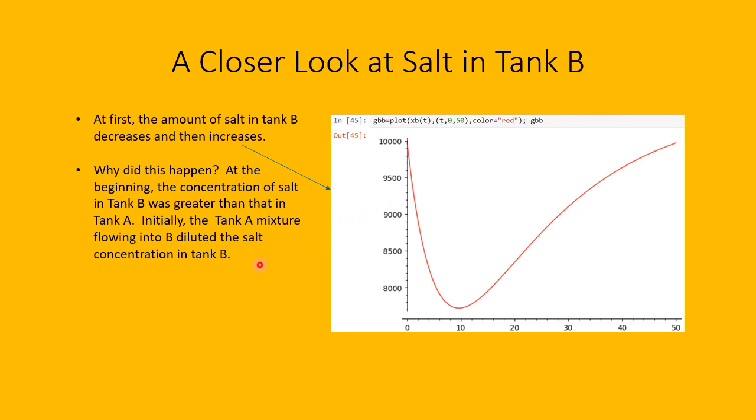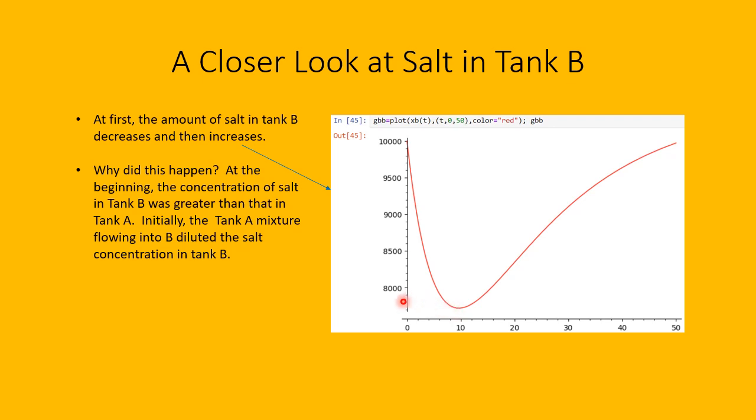So we saw that at first the amount of salt in tank B decreases and then increases, and we can explain why this happened, because at the beginning the concentration of salt in tank B was greater than that in tank A, and initially the tank A mixture flowing into B diluted the salt concentration in tank B, and so that explains why this is going down here.